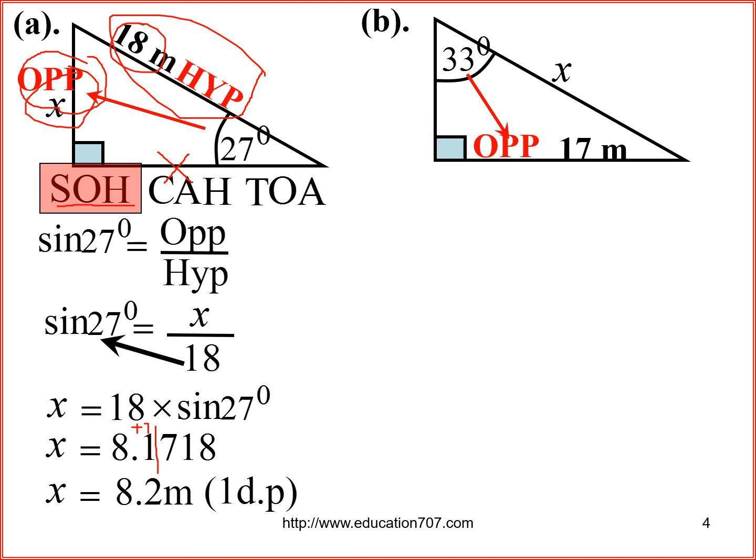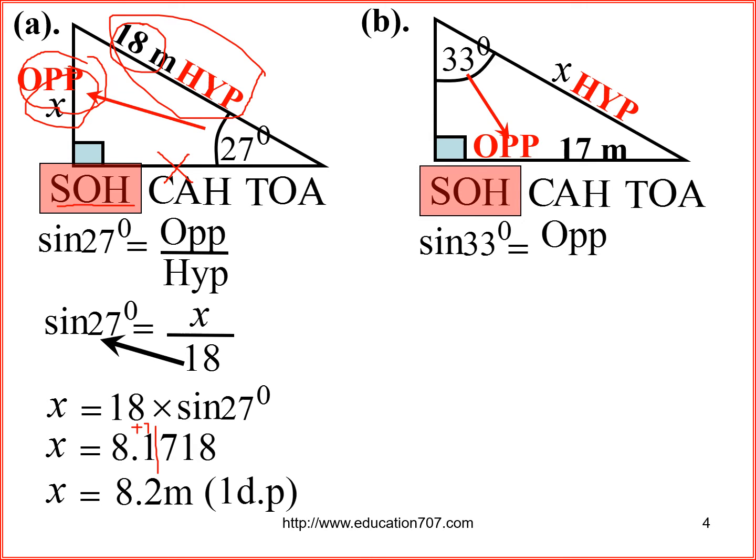Now part B, angle given 33, and just opposite to it is 17. So 17 is opposite, x is the hypotenuse. We only use O and H, so SOHCAHTOA, SOH. Sine of angle is equal to opposite over hypotenuse: sine 33 is 17 divided by hypotenuse x.